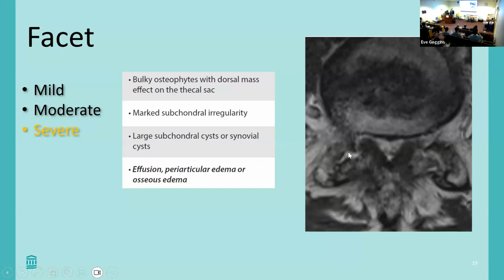But facet effusions are associated with instability. So depending on the level of sophistication of your provider, they may need a little bit of guidance to get flexion extension x-rays. If it's coming from a spine surgeon, they would know. But yes, to answer the direct question, there would need to be a very big effusion, or perhaps a contrast enhanced study where you could see what the effusion looks like.